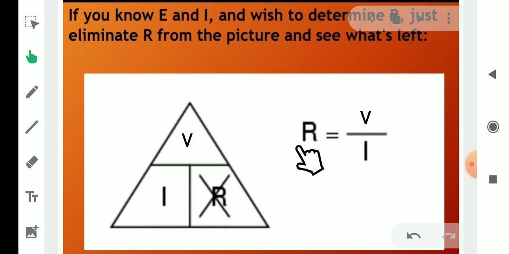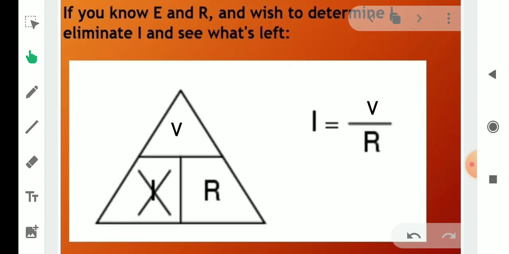That is R is equal to the remaining thing, V by I. If you know E and R, E means V, if you know V and R, you can determine electric current I. So I is equal to V divided by R.